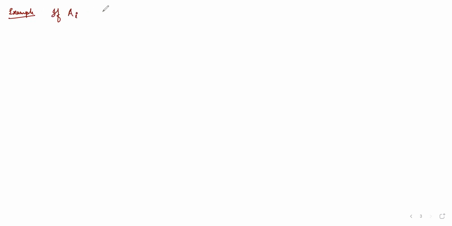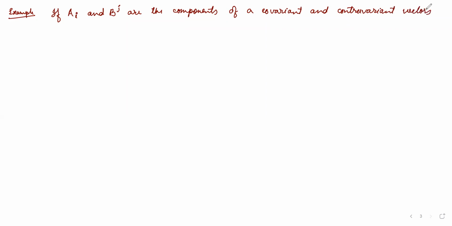If Ai and Bj are the components of a covariant and contravariant vector respectively, then the sum AiBi is an invariant. That is, it is a scalar.